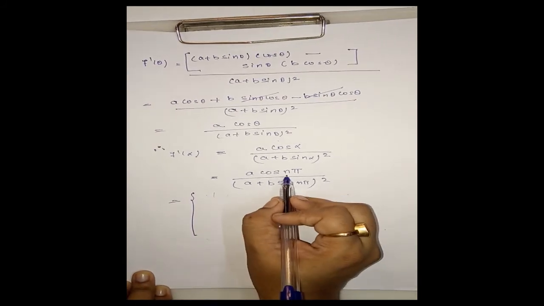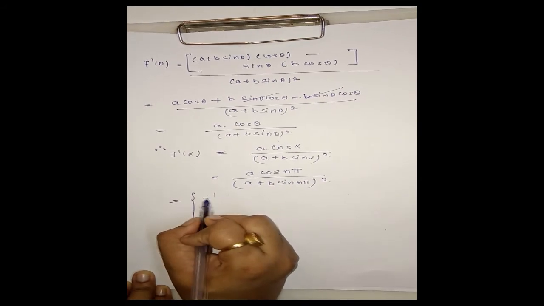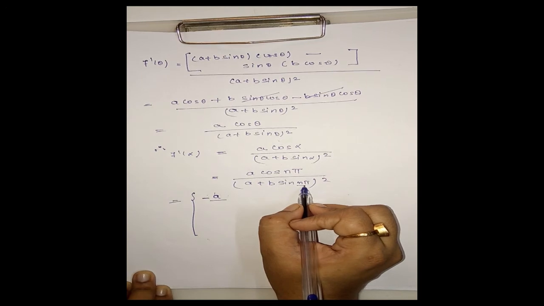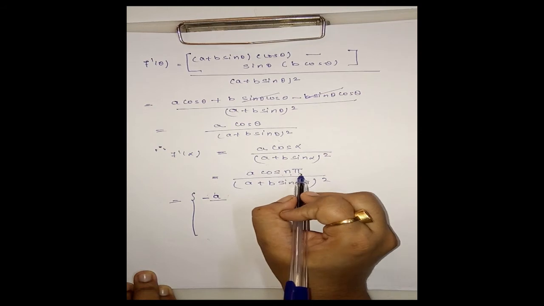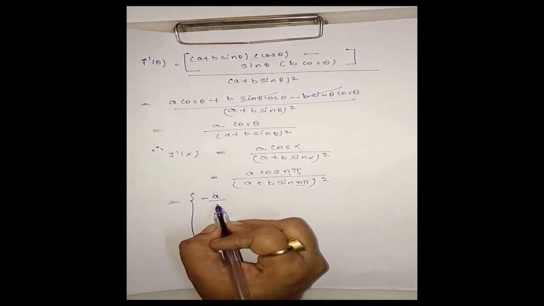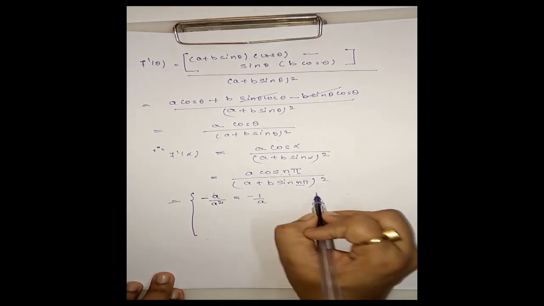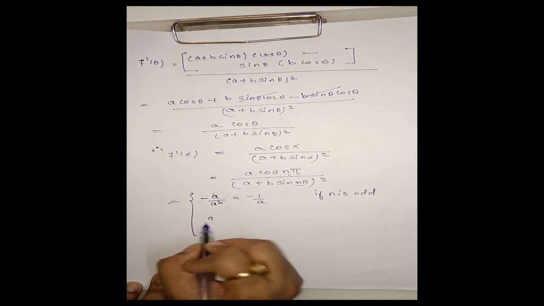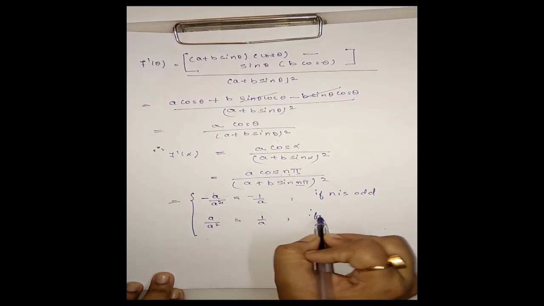If my n is odd, then cos n pi will be minus 1, and sin n pi is 0 whether n is even or odd. Therefore, this is minus a by a square, which is minus 1 by a if n is odd, and it is a by a square, which is 1 by a if n is even.